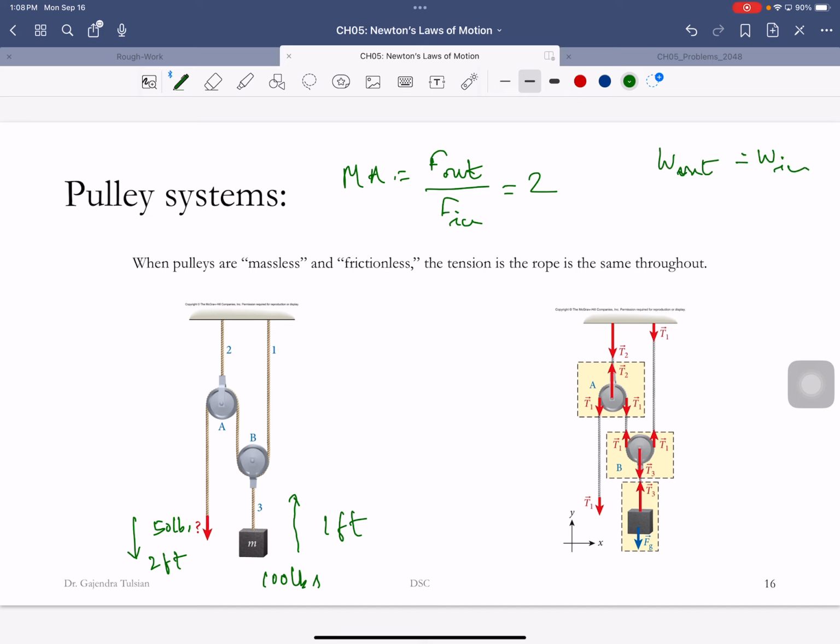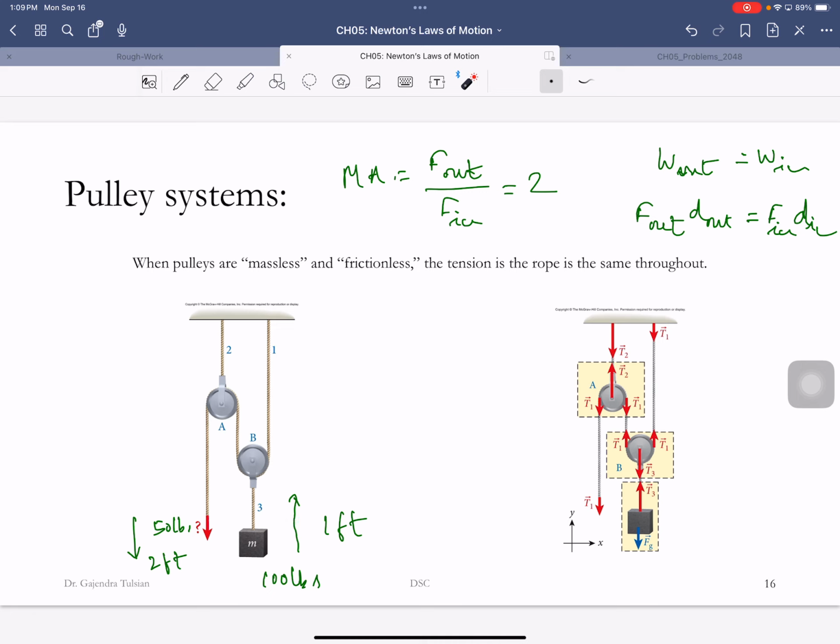No free lunch ever. So force out times distance out is equal to input force times input distance. This is assuming a frictionless surface. So this is a simple machine whose mechanical advantage is 2.